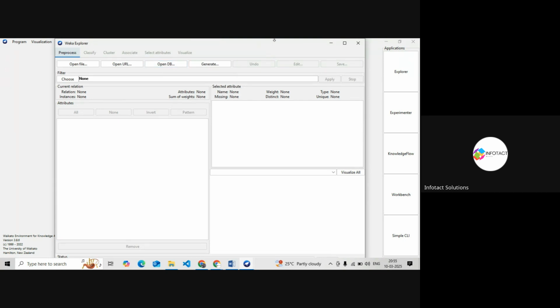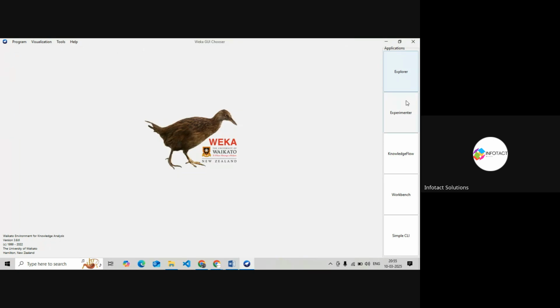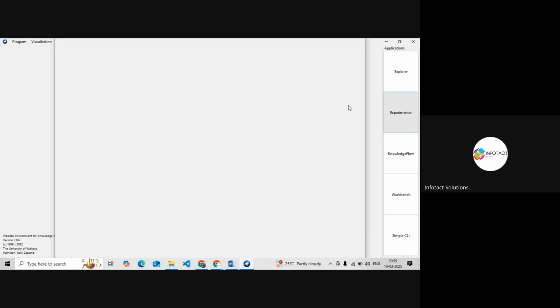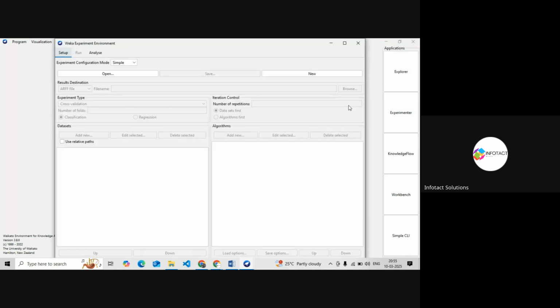There is a thing called the Experimenter. What is the Experimenter? It helps in comparing multiple models and algorithms efficiently, and it allows you to conduct multiple experiments, and then you can apply cross validation.